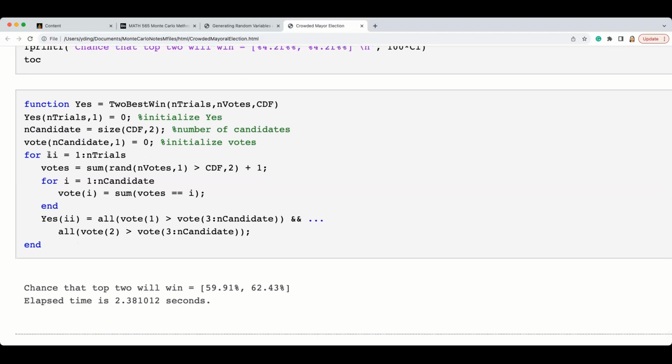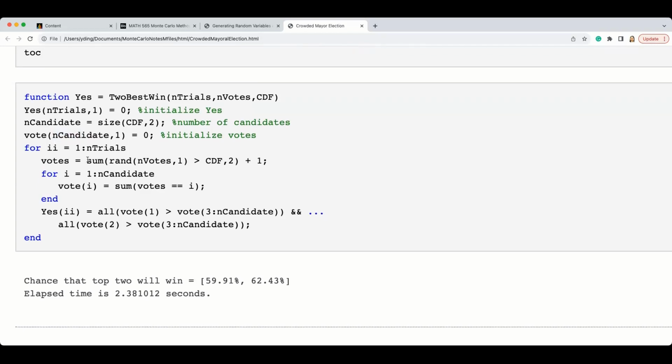And then we try to do for each trial to see the votes. How does it work? So for each case, here, this is the rand number and votes, okay? And we're trying to check if it's this one. Which means we generate a uniform random number to check if it's greater than the CDF.